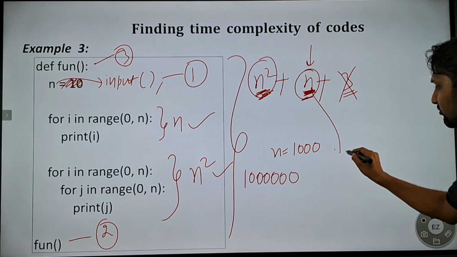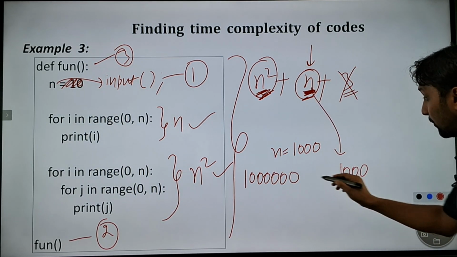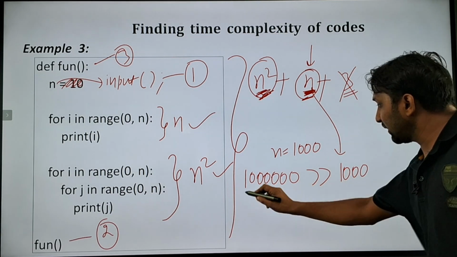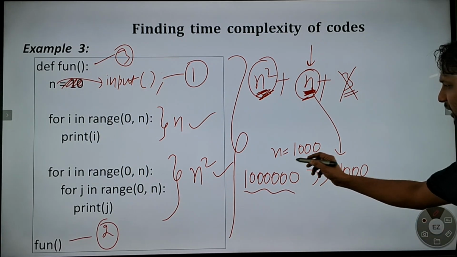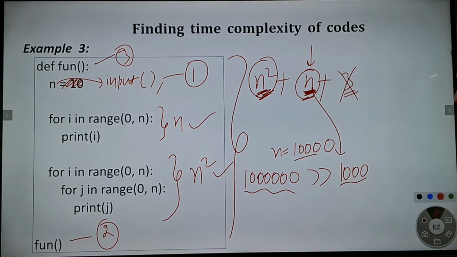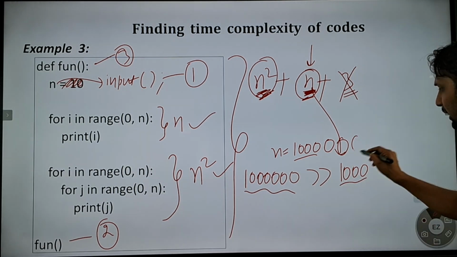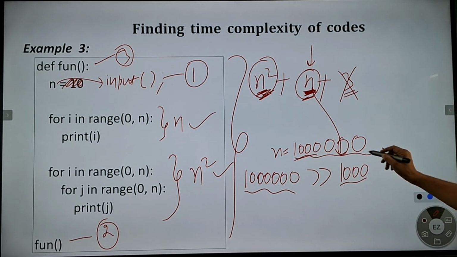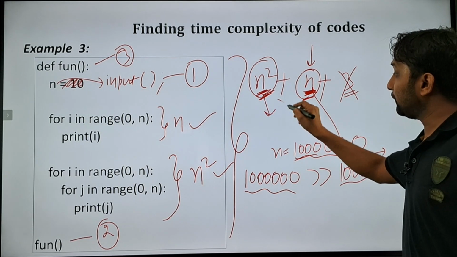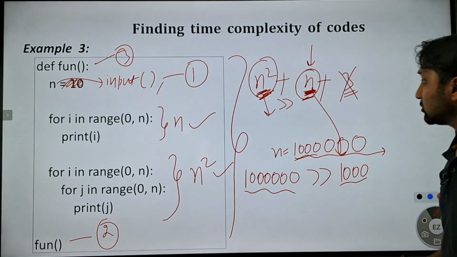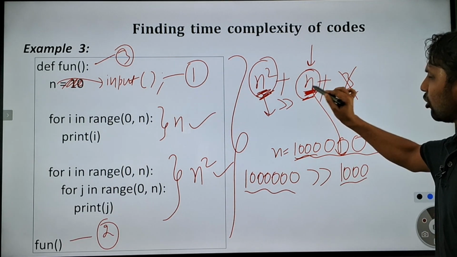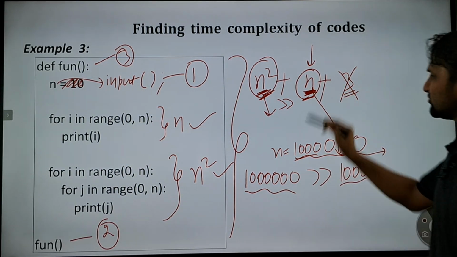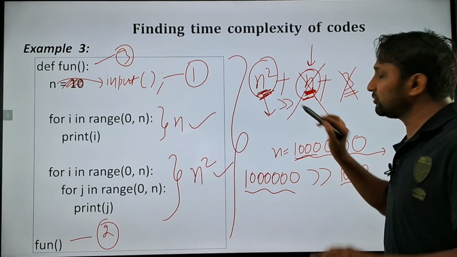And what will this be? This will be 1000 only. So this is a big difference. I'm taking 1000, what about 10,000? What about 1 lakh or 10 lakh? If I keep increasing the n value, this will be very big as compared to n. So this is the lower order term. This will not make a big impact. We can remove this also.